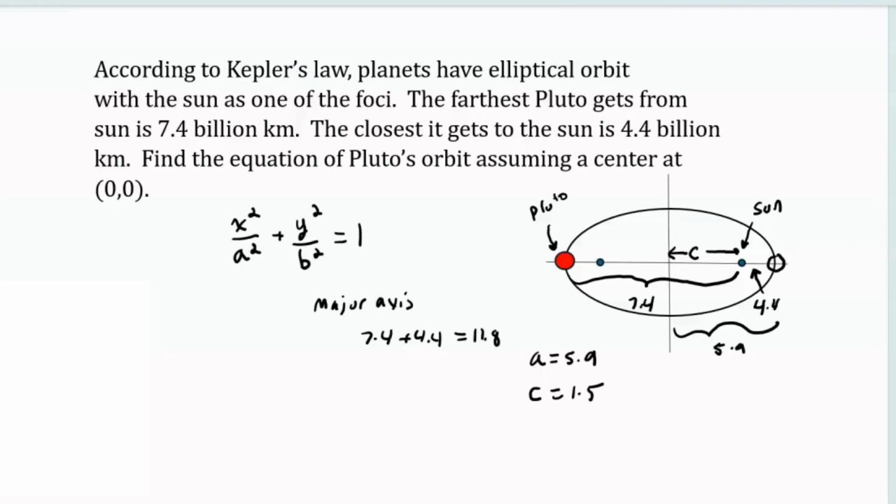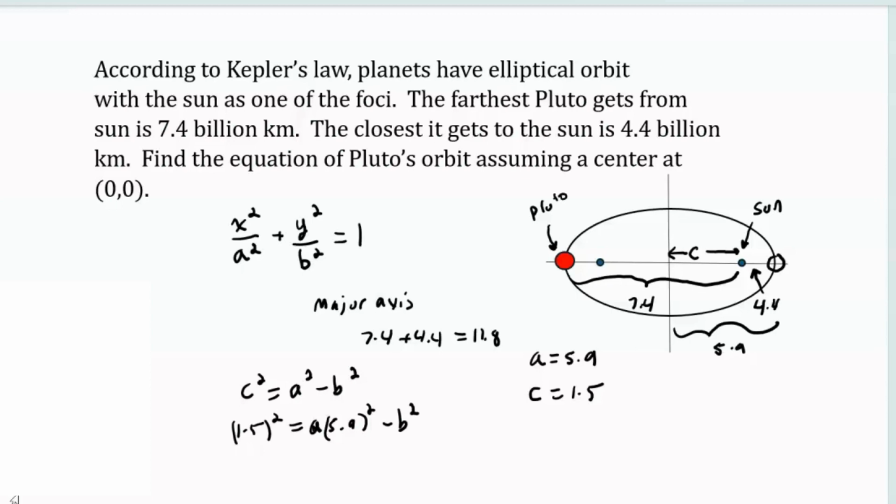So I know in an ellipse that c squared is equal to a squared minus b squared. In this case, I get 1.5 squared is equal to a squared, and a squared is 5.9, so 5.9 squared minus b squared.